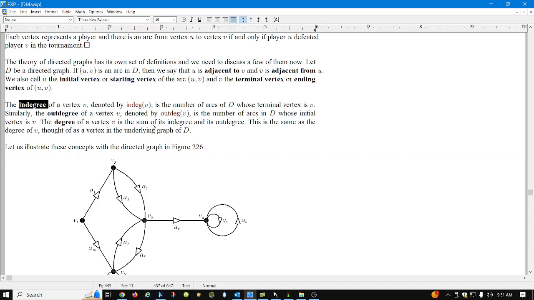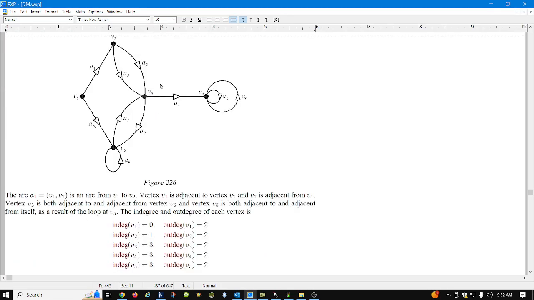It's the number of arcs that leave V, or whose initial vertex is V. And then the degree of a vertex is the sum of the in degree and the out degree. And that's the same as the degree we've been discussing for a while in the underlying graph. If you ignore the directions, the degree is the degree of that vertex.